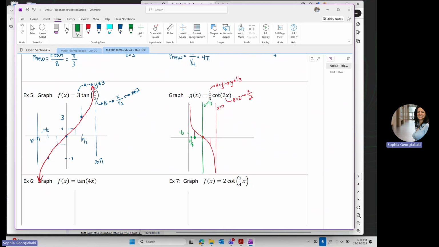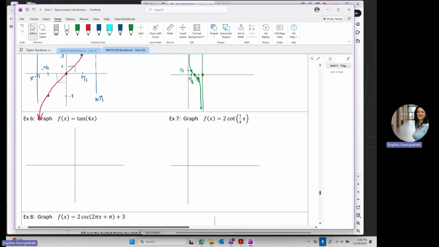The y value of 0 will stay 0. And 3 pi over 4 will become 3 pi over 8, and the y value instead of 1 will be -1/3. So the graph will look like this. It will be a very compressed graph, horizontally and vertically, of the cotangent function. If I erase the cotangent, then that will be my new graph.